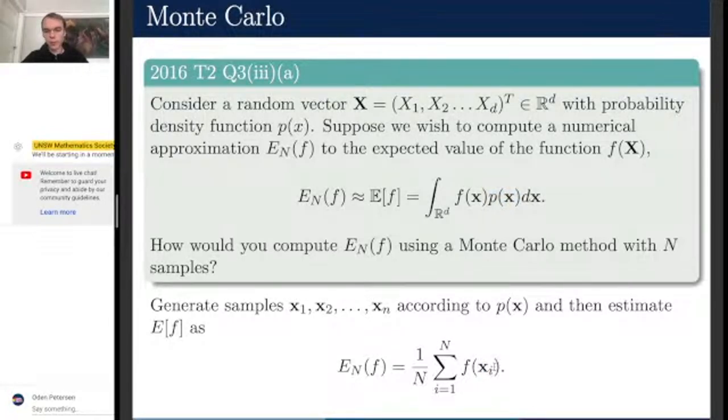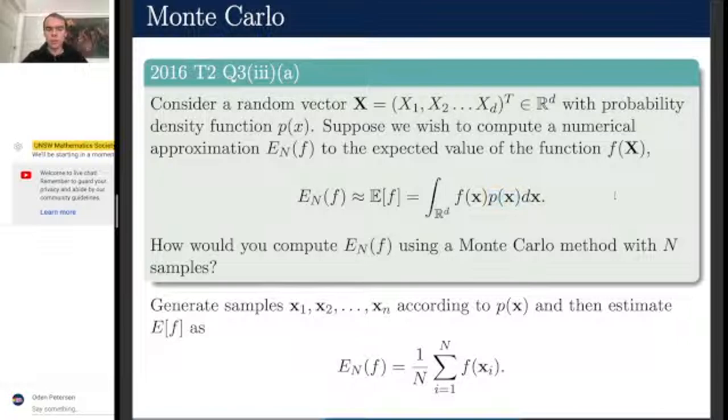Sample from this distribution, plug it into the function, and we now get a bunch of samples from the output set of the function. And so these samples, if we average those, should give us an approximation to the expectation of the function with respect to the probability distribution.